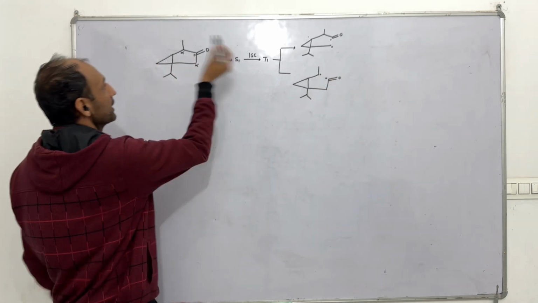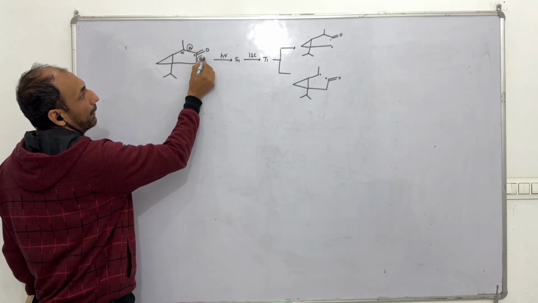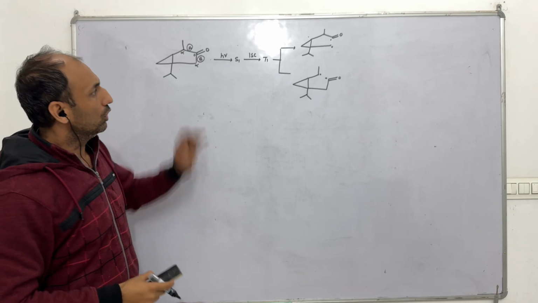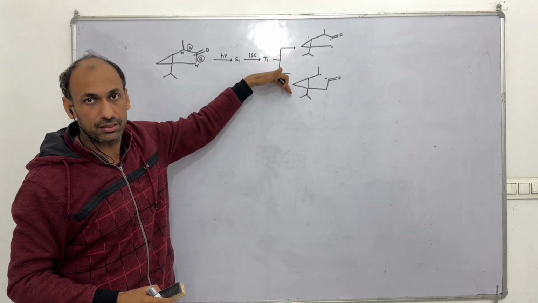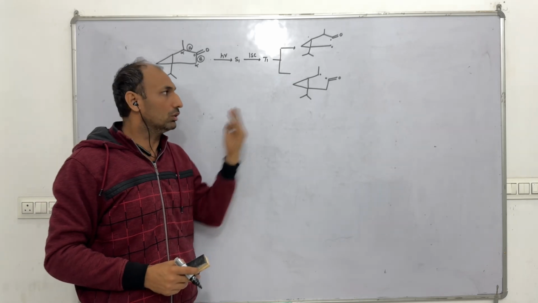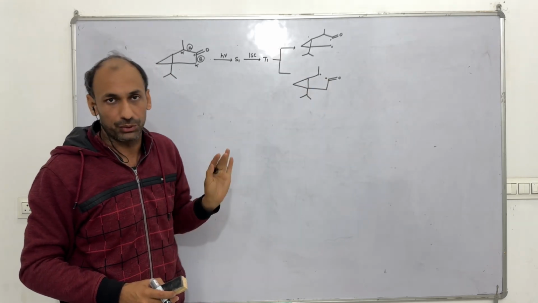So you can say A alpha bond or B alpha bond. So we get two different intermediates. Although it is okay, now if we lose CO you will get the same molecule.